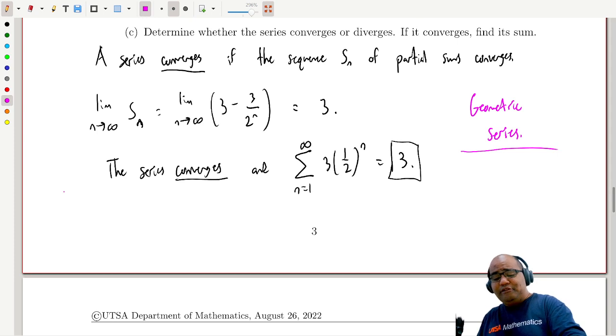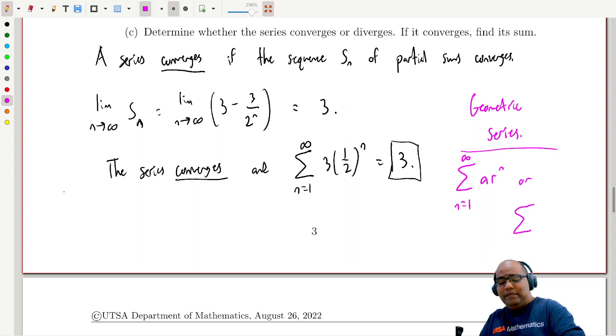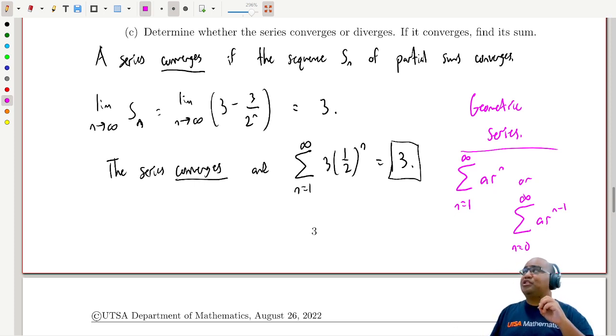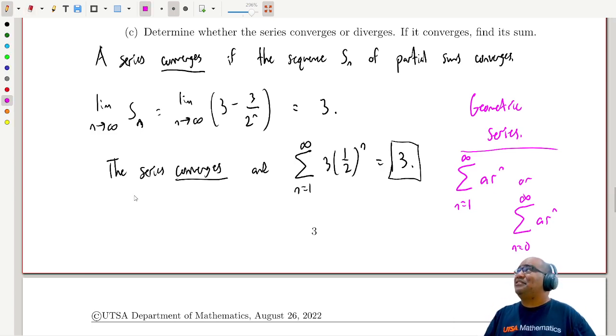Well, a geometric series will take the form of the sum from n equals 1 to infinity of a times r to the n, or if you want, you can write it starting at n equals 0 as a times r to the n minus 1, or really just a times r to the n. Same thing. Okay, so a times r to the n. You can do it either way.